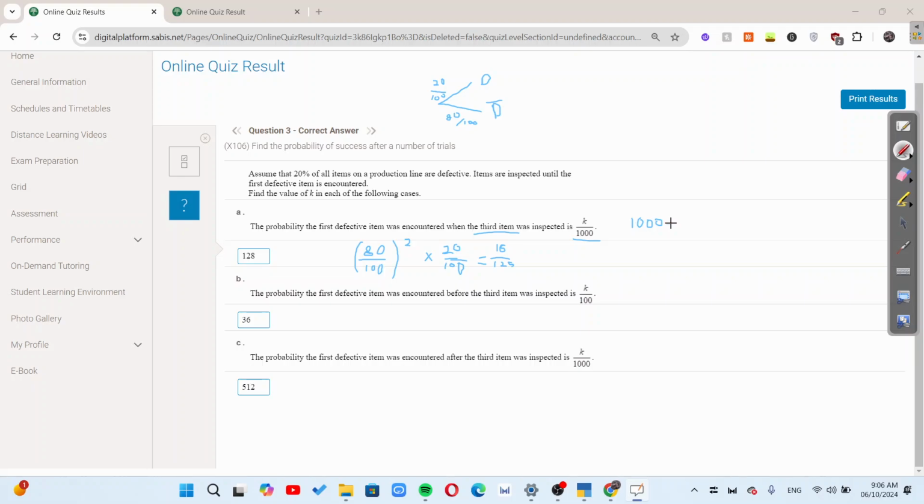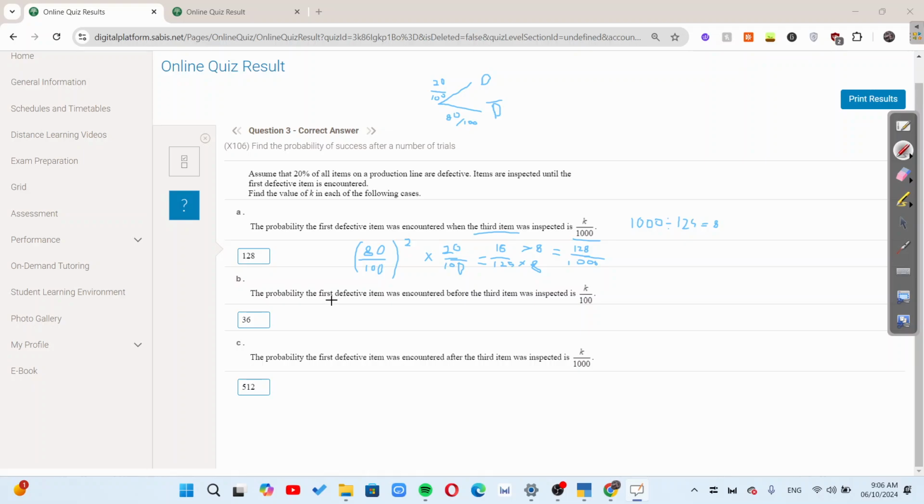So you need to multiply both sides by 8. When you multiply up and down by 8, you're going to get that 16 times 8 is 128, and the bottom is going to be 1,000. So it's 128 over 1,000. And that's how you solve the first one.